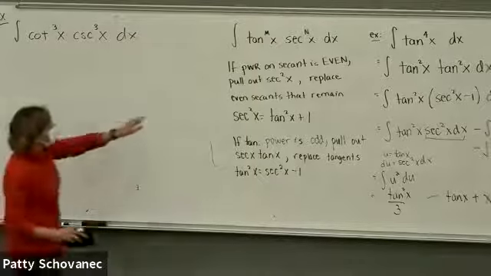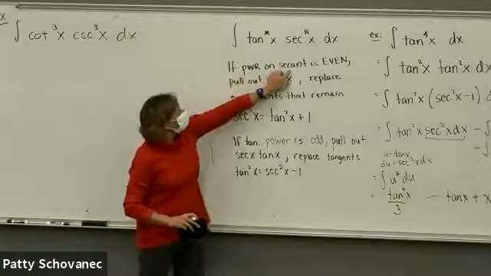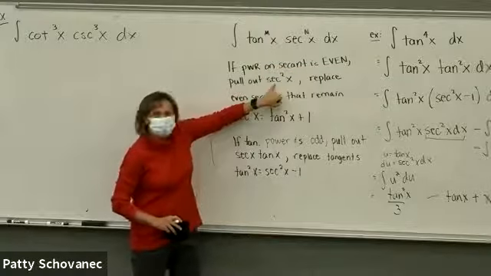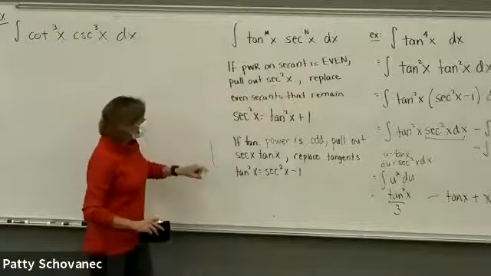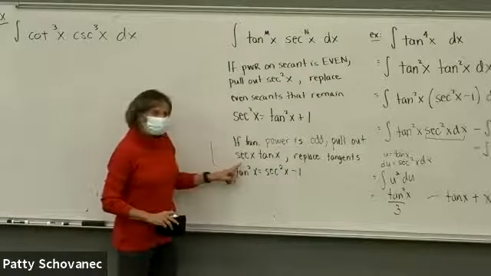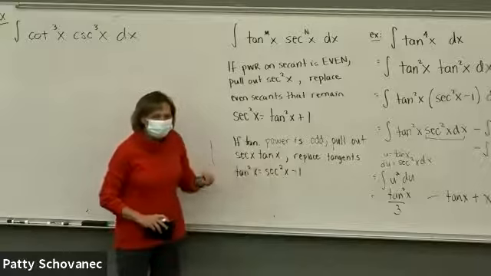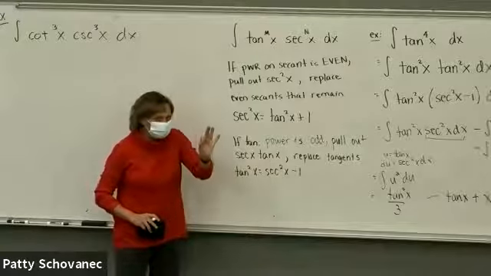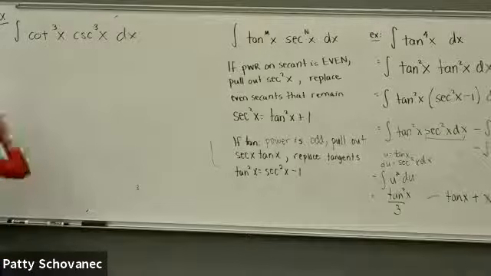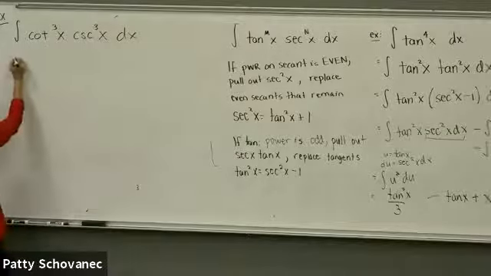So we can interpret it this way. If the power on the cosecant is even, pull out a cosecant squared. If the cotangent power is odd, pull out a cosecant cotangent. And it should work the same way. So I've got the odd power on the cotangent. I'm going to pull out a cosecant cotangent.